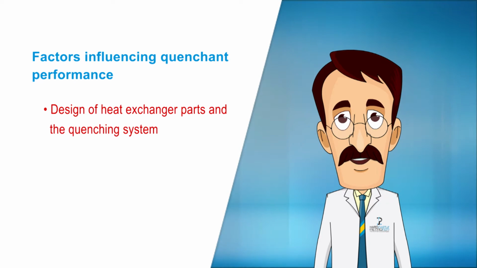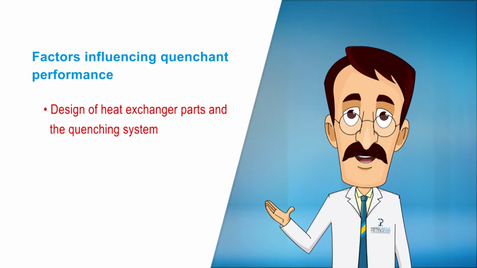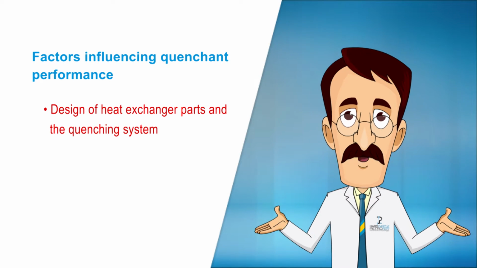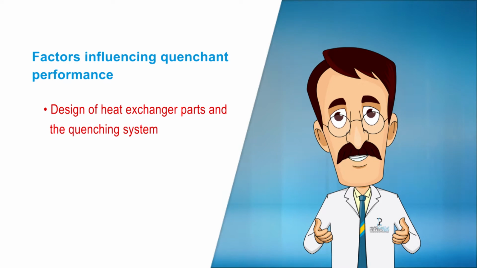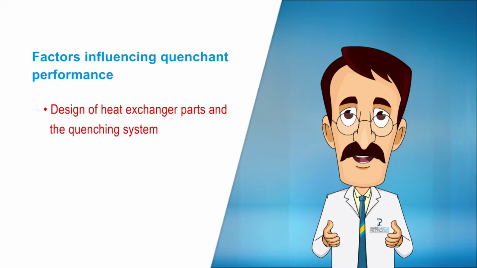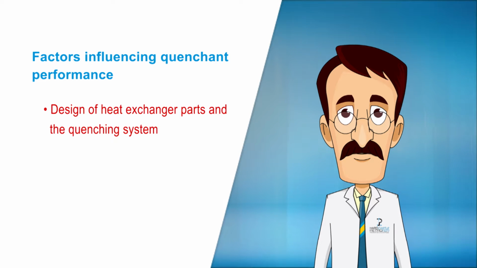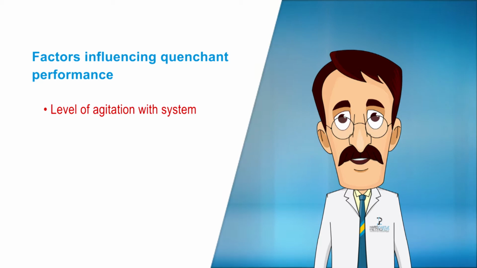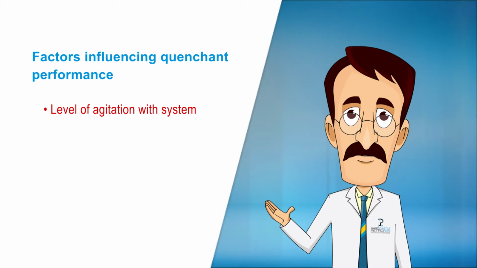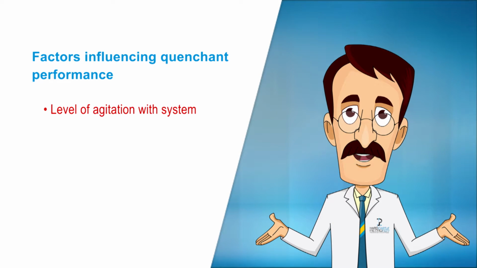The cooling and the heating elements of the heat exchanger should not be made of copper, as this acts as a catalyst in the oxidation of all mineral oil products. The level of agitation in the system must not be excessive, such that air is drawn into the oil.